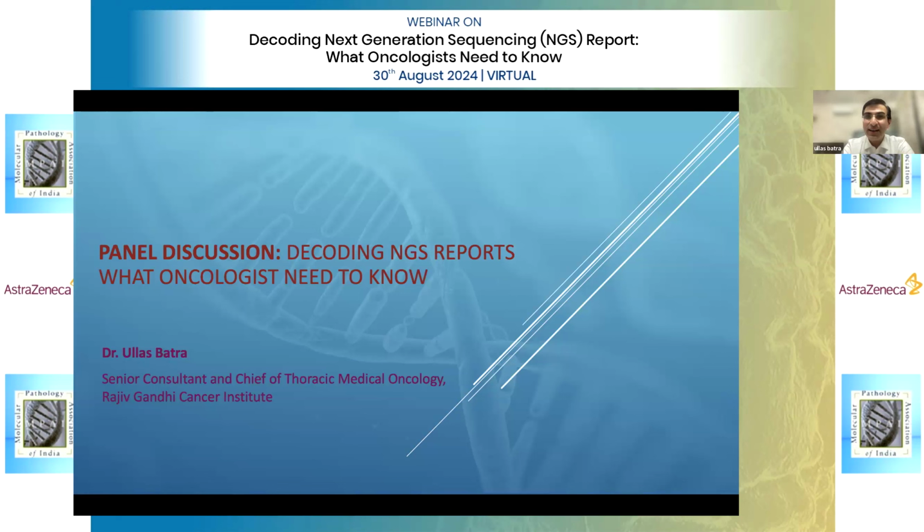Ultimately, in 5 to 10 years' time, NGS is going to become like a PET CT scan. It will have its advantages, fallacies and everything, but the majority of our patients will get NGS done. The molecular thing is going to revolutionize medical oncology.